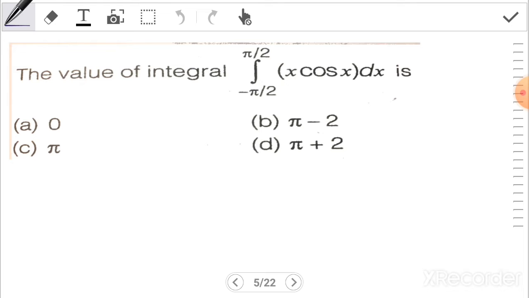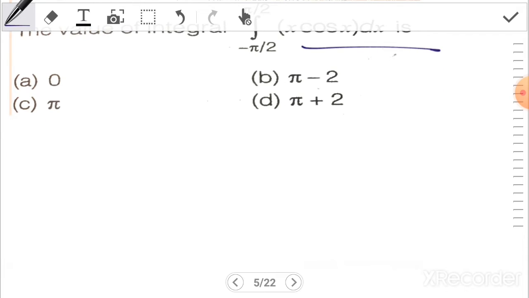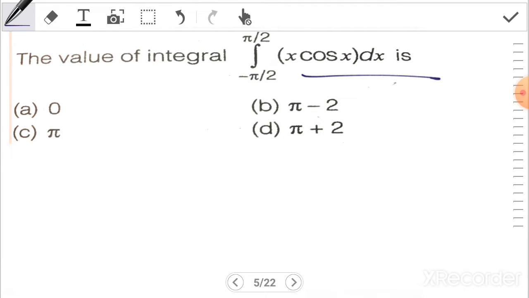The value of the integral from minus pi by 2 to pi by 2 of x cos x dx is. So applying integration by parts, let us put this as u and this as v. So u integral v minus integral of du by dx times integral v, dx.